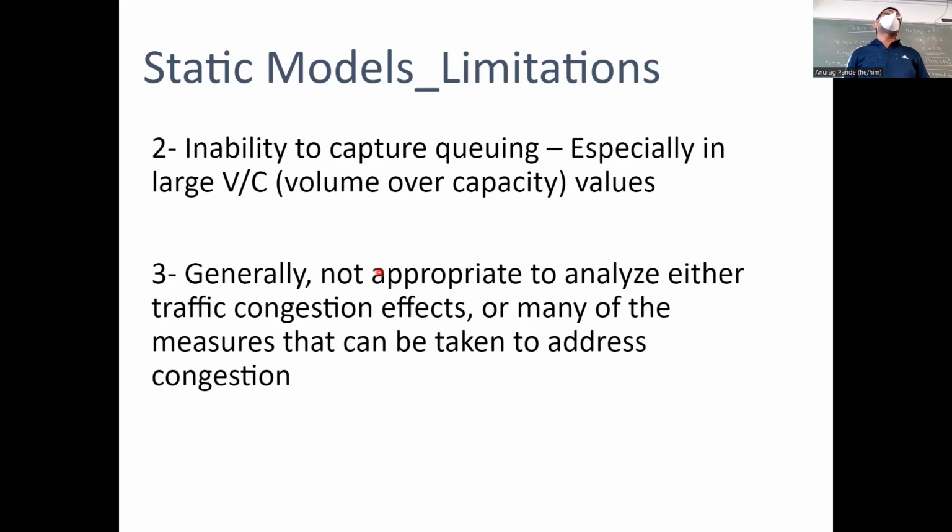So anytime you have a bigger network and you are dealing with ramp metering or variable speed limits, and you don't have just one route, you have multiple routes which people can choose, you're probably better off doing dynamic traffic assignment.